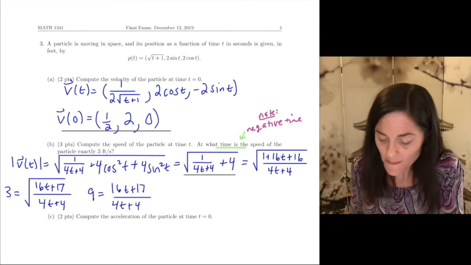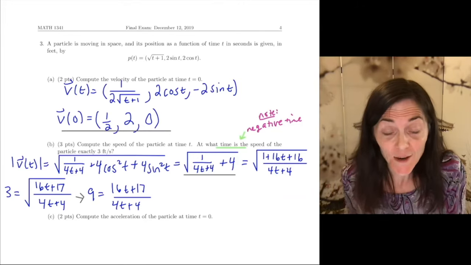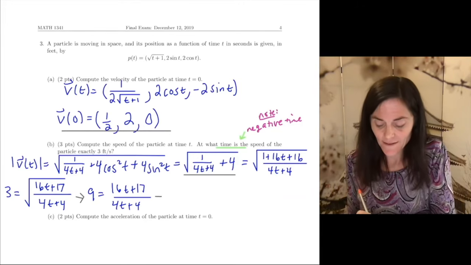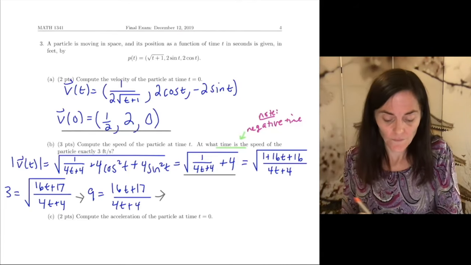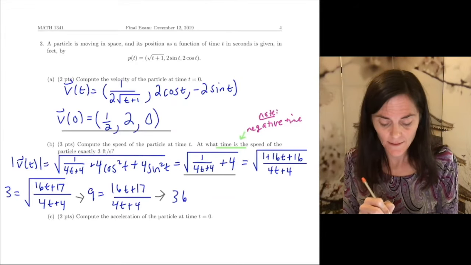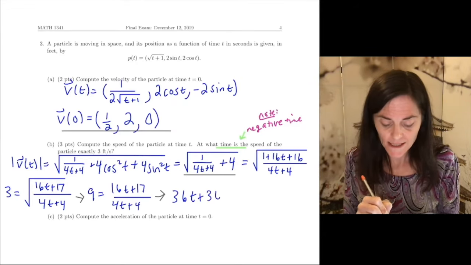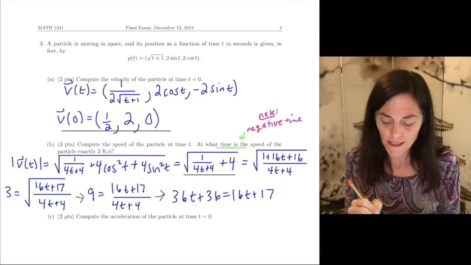Now, how do we solve something like this? We can just multiply through by the denominator, which is 4t plus 4. And when I do, I get 36t plus 36 equals 16t plus 17.